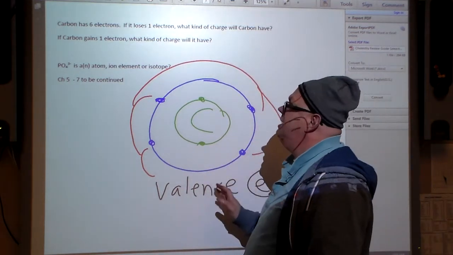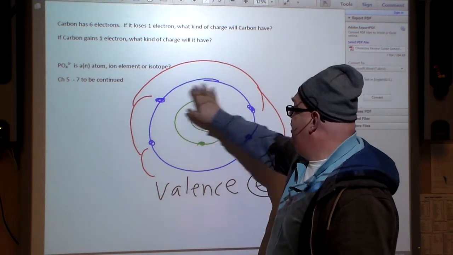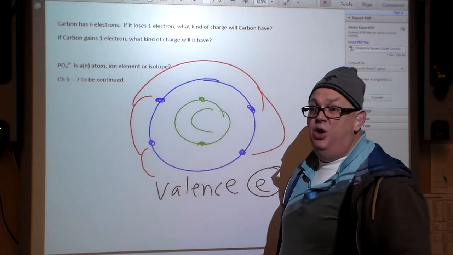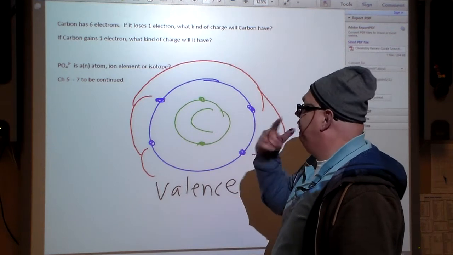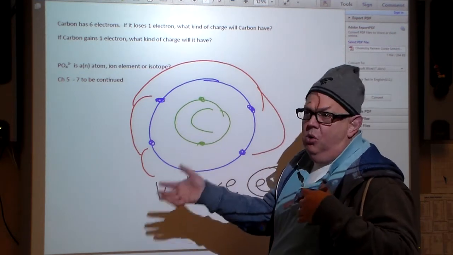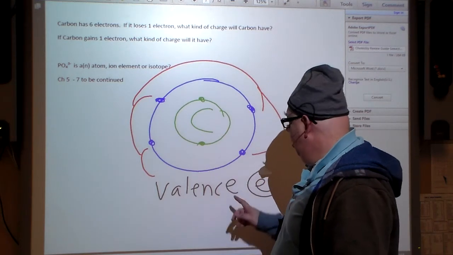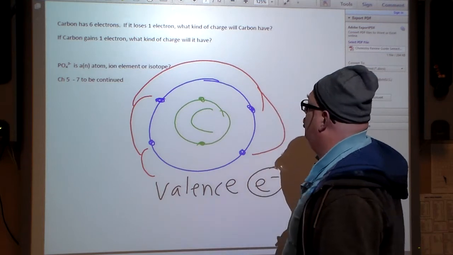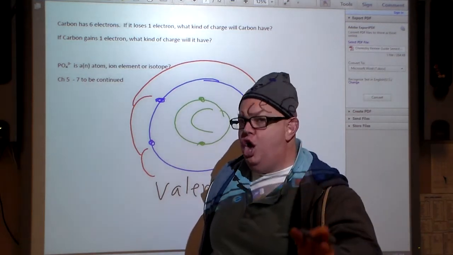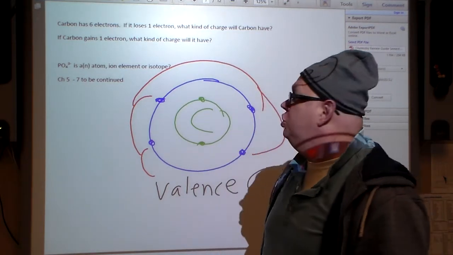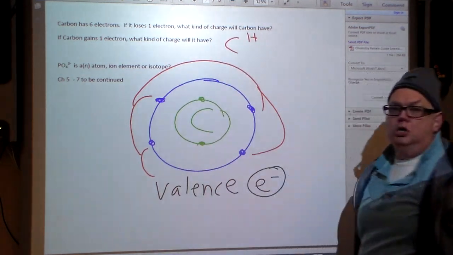So carbon has 6 electrons. 2 are in the very center next to the nucleus, and then the 4 on the outside, which allows it to hook up with almost anybody. Carbon is very easy to hook up because it's just got 4 electrons. It can either give up 4 or pick up 4. It depends what's needed. But if carbon has 6 electrons and has a charge of 0, okay, the moment an electron is lost, remember an electron is a -1 charge, the kind of charge it'll have is a +1 charge.